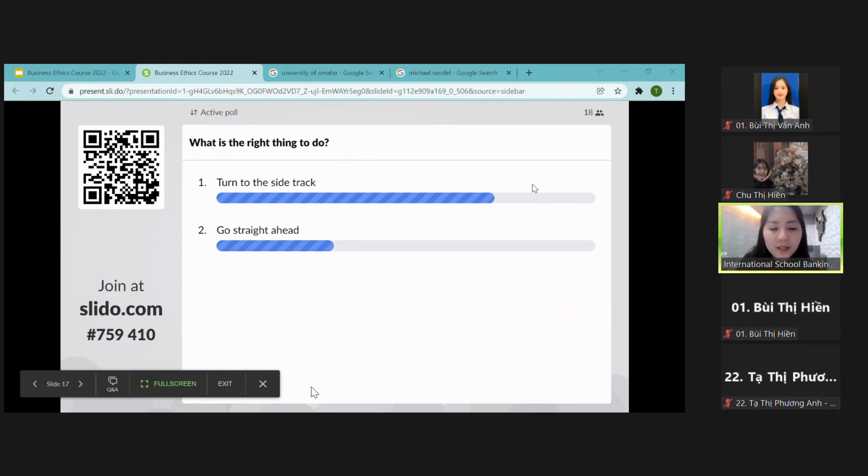How about the people that choose option number 2? Go straight ahead. Can you explain to me your reasoning? It's okay. In my lecture, there is no right and no wrong answer. It's just an opinion. Okay, why do you choose to go straight ahead? Or in another way of saying that, you choose to do nothing.